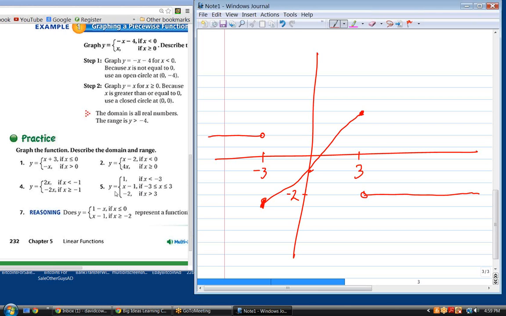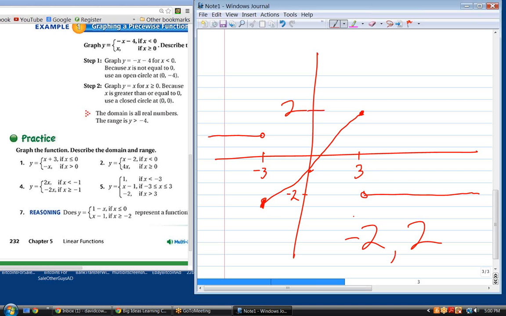When x is 3, what is y? Plug in x equals 3 to figure out what y is. So that's 2. And this point right here, which I didn't draw accurately enough, is also minus 2. So, minus 2 to 2.